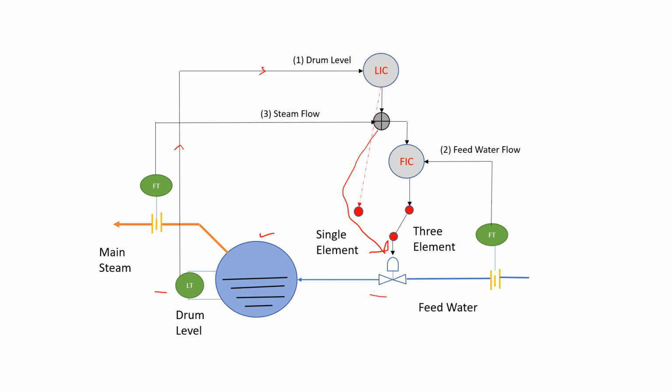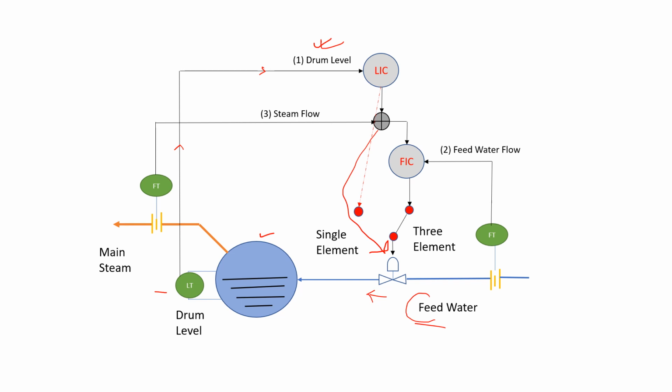So this is the most simplistic form of the control scheme, and this is single element control, where drum level is the only element being measured and the feed water flow rate is controlled to maintain the drum level.